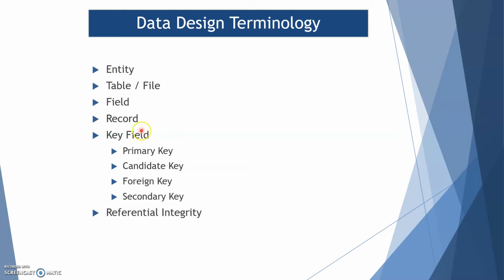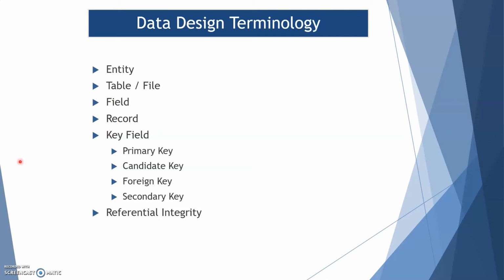For example, a customer entity might include the customer ID, first name, last name, address, city, state, zip, and so on. A record, also called a tuple, is a set of related fields that describe one instance or occurrence of an entity, such as one customer, one order, or one product.